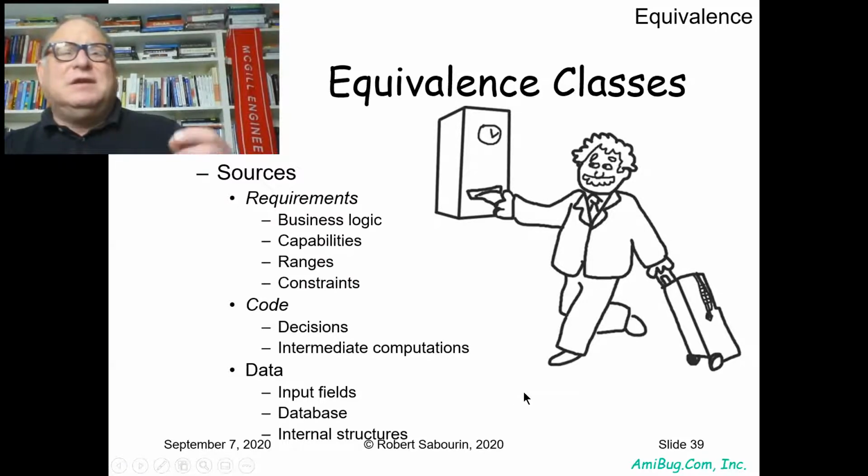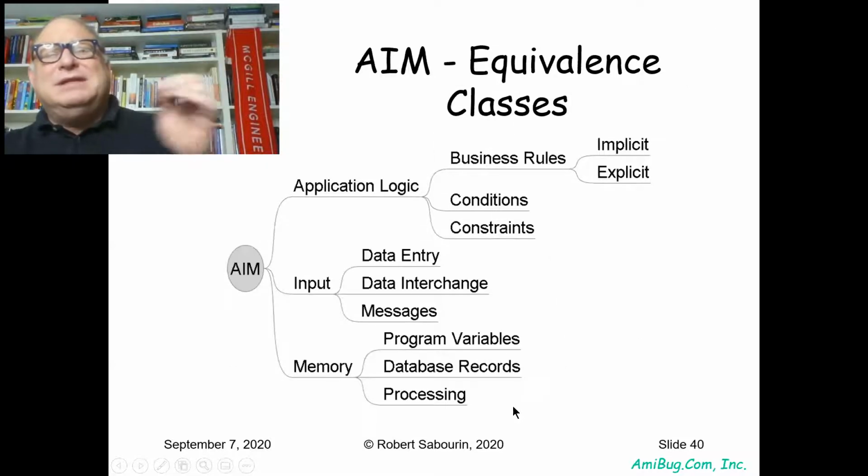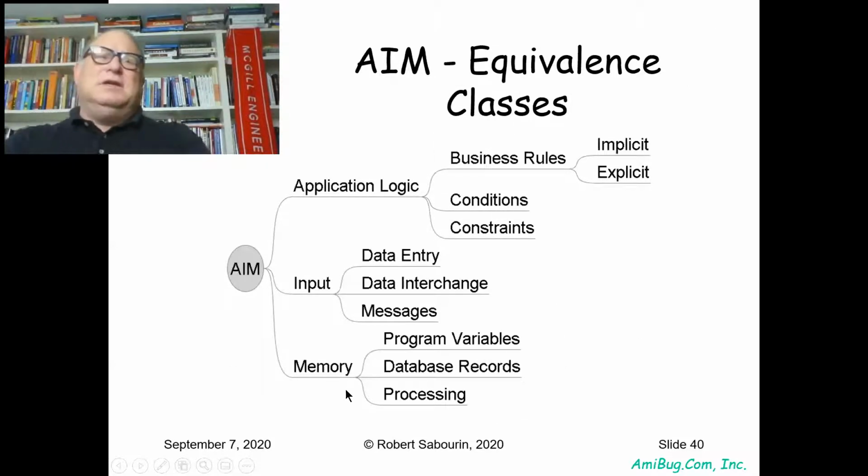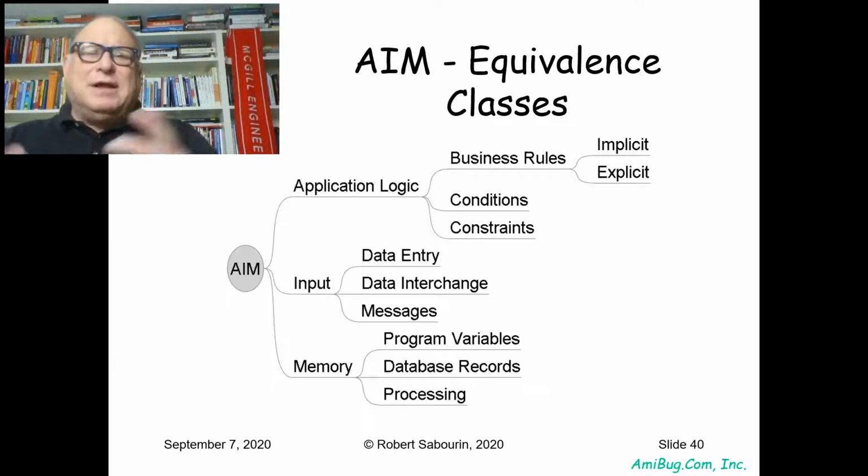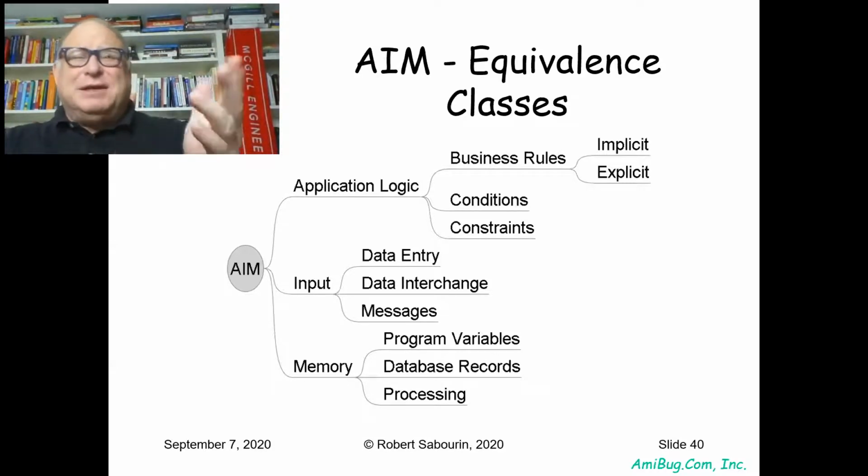I like to suggest that there are three perspectives that I use when I look for equivalence classes. I just call this the model I use, an AIM model. I usually build a mind map to represent this, but you don't have to. You can just make a list of variables. I look for variables based on A, application logic.